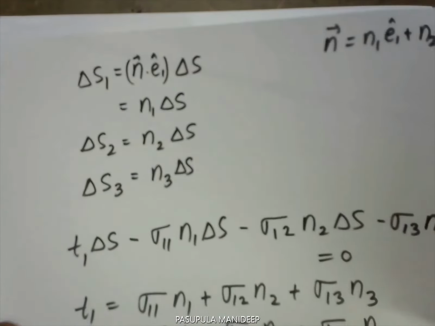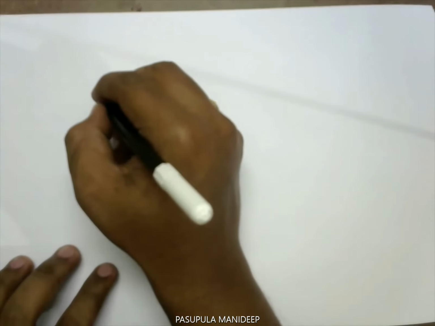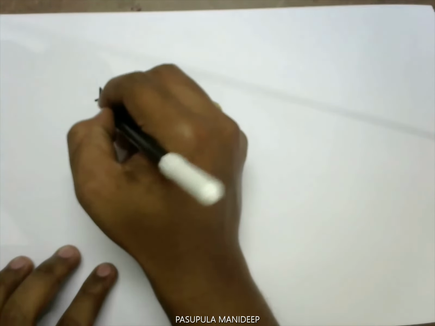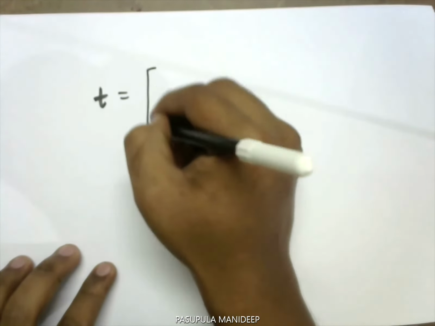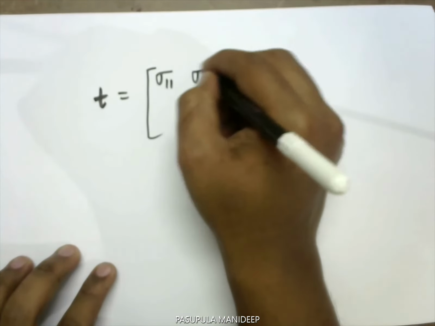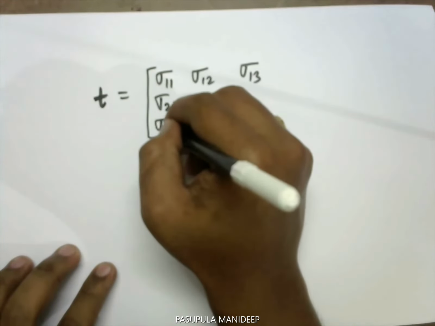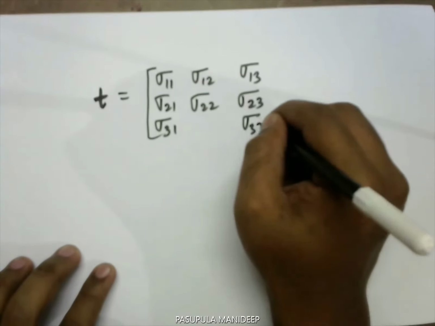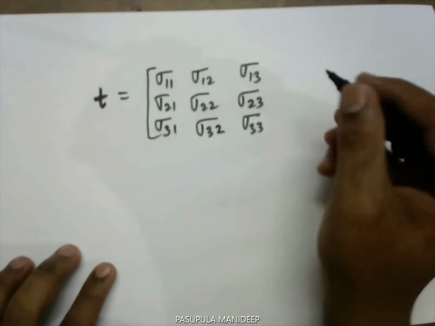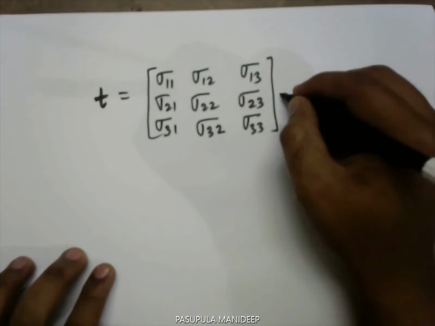Let us rearrange this in a better looking way. T1, T2, T3 on the left hand side can be represented by the traction vector T, and we can write the sigma components as the stress tensor: sigma 11, sigma 12, sigma 13, and so on. The n1, n2, n3 components can be written as the normal vector.